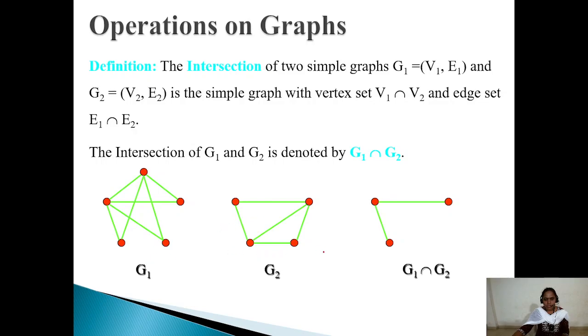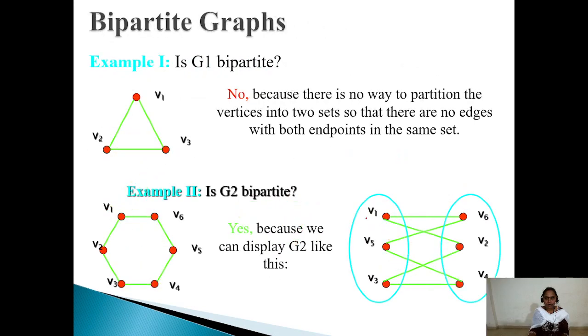Here G1 is one graph, G2 is another. We remove the non-common vertices, and what remains is A, B, C. It means the vertex set V1 intersection V2 and the edge set E1 intersection E2. So common vertices and common edges remain. This is the operation on graphs.